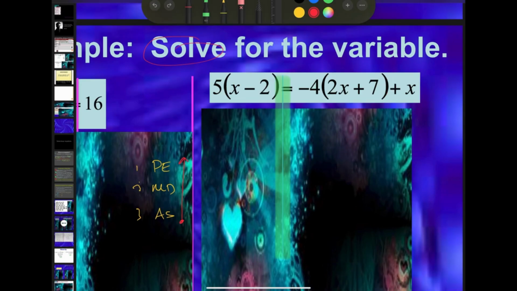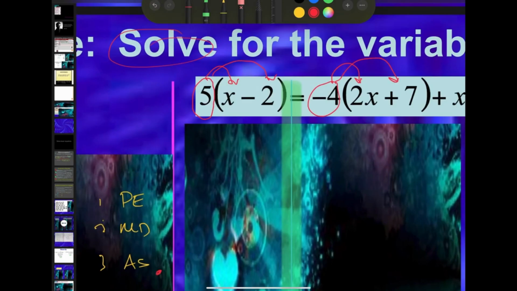So the first thing I'm going to do here is distribute. Everyone say distribute? That's kind of like Halloween, right? You're just passing out candy to everyone that comes. And let's just make this super obvious. Let's say you never learned distributing before, okay? So I'm distributing this 5. That's like I like Twix. So it's kind of saying it's 5 times the x and 5 times the negative 2.